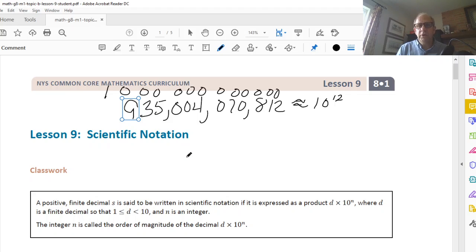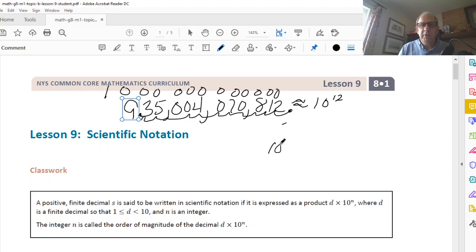Scientific notation is going to be a little bit more accurate. So instead of rounding up to the nearest 10, we're going to move the decimal point. There's a hidden decimal point here. We're going to move it to here, just between the 9 and the 3. So we're going to go 1, 2, 3, 4, 5, 6, 7, 8, 9, 10, 11. We're going to move 11 spots.